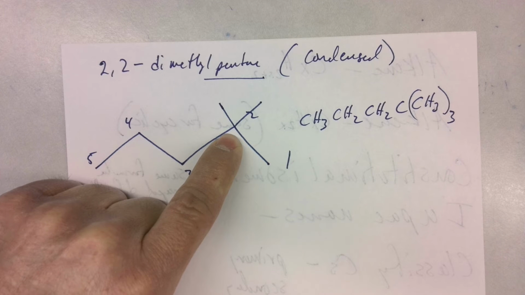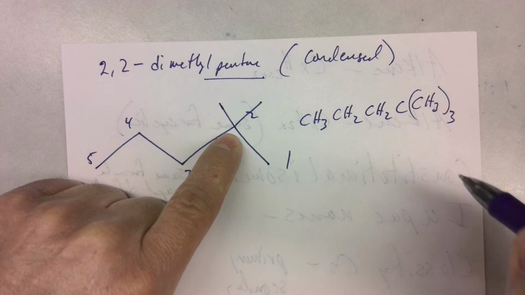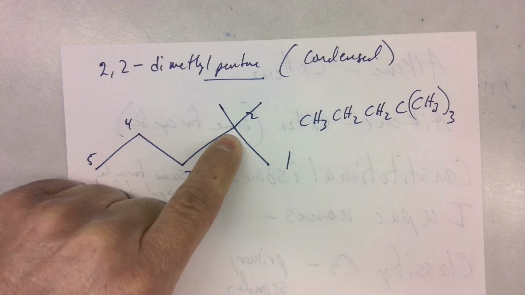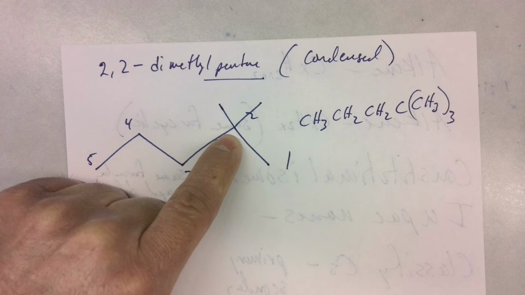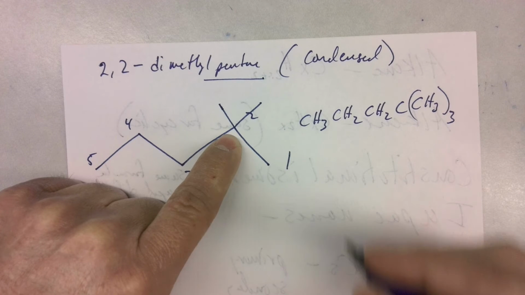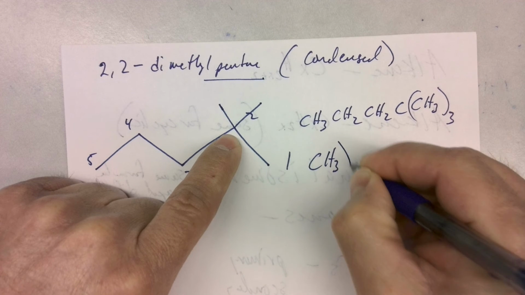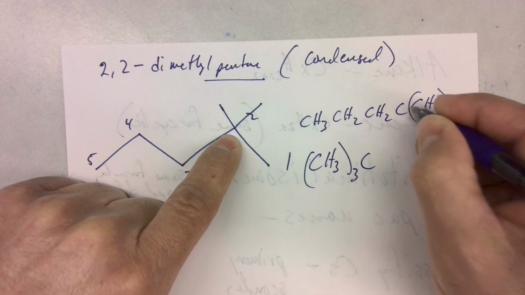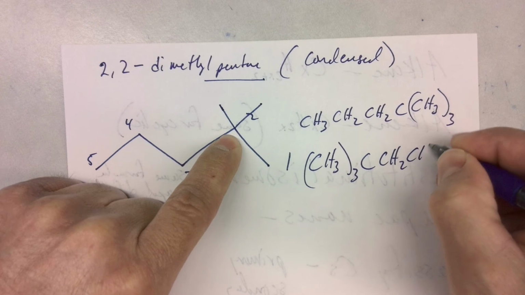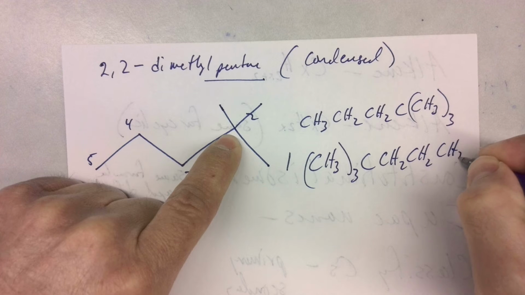Now, does anybody know how else I could write that and have it be the exact same thing? Reverse order. Yeah, I could have went CH3, 3, C, CH2, CH2, CH3.